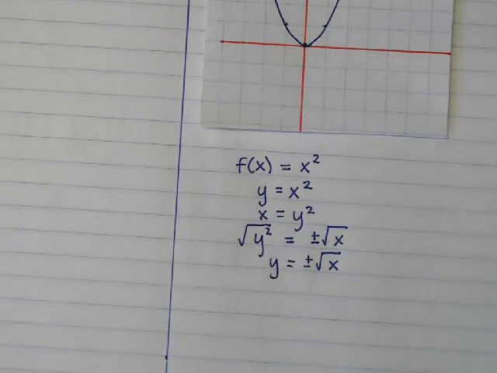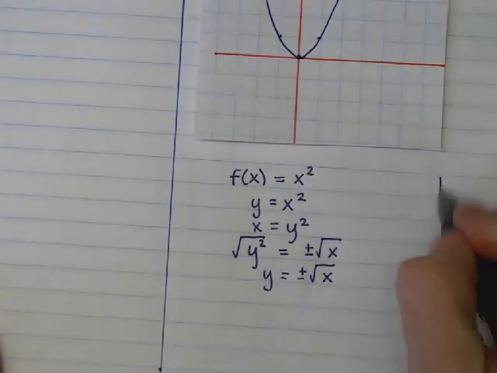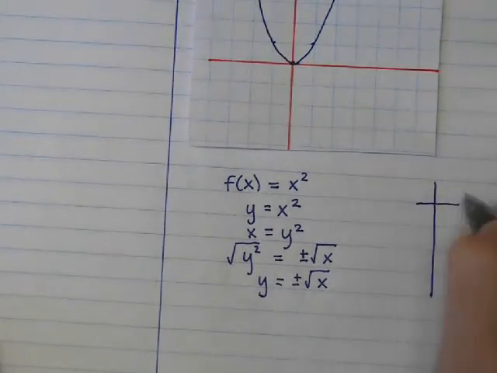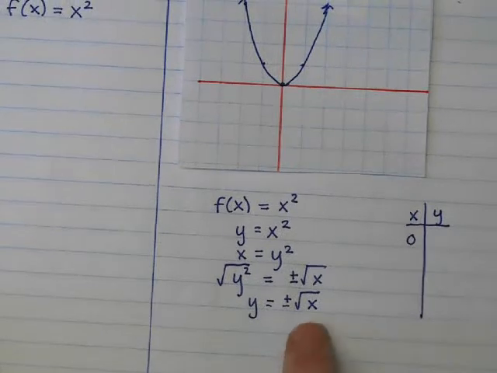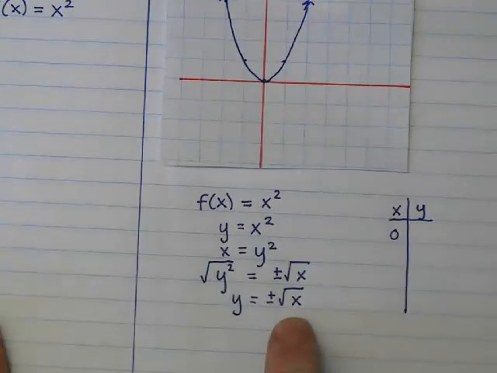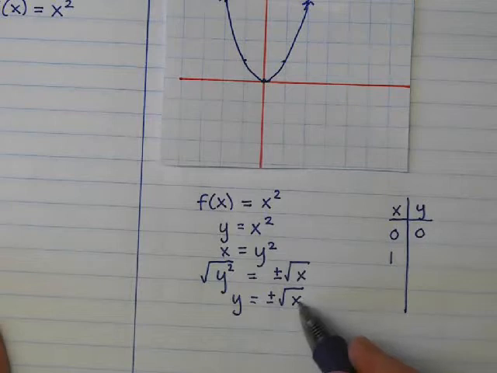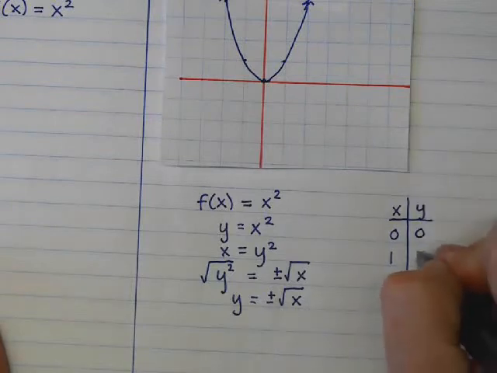We haven't really worked with the square root function, so let's just make a t-chart. And I'll just make it right over here. So let's say x was 0, and I plug a 0 in. Well, the square root of 0 is 0. Plus or minus 0, that's 0. How about 1? Well, the square root of 1 is 1, plus or minus 1.